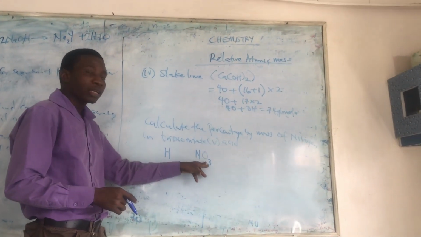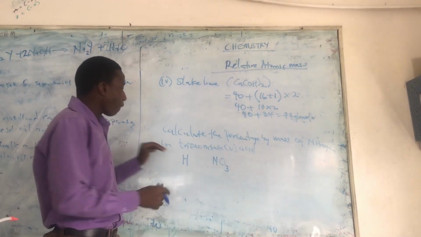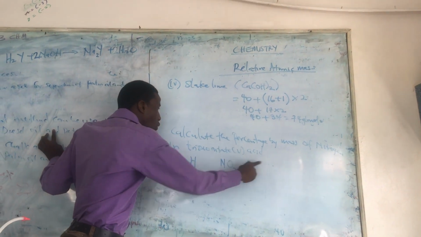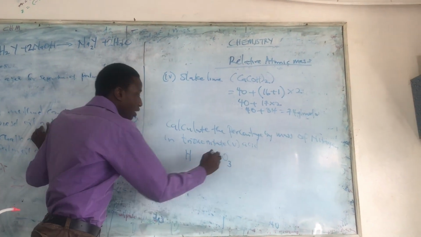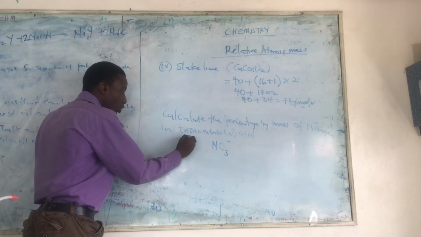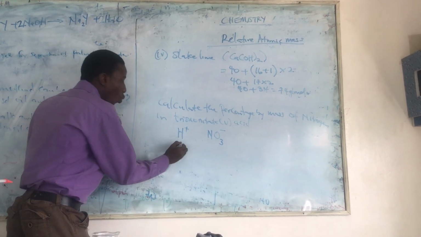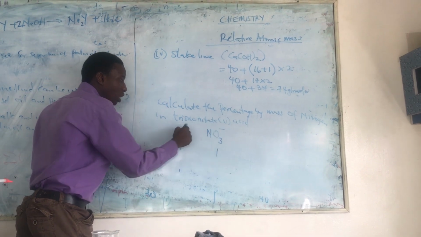Trioxonitrate(V) acid has the radical NO3. That is how we form the compound. Normally when we write the radicals, NO3 is NO3 minus, and H is H plus. How will we now form the compound? 1, 1. Because this is minus 1, this one is plus 1.